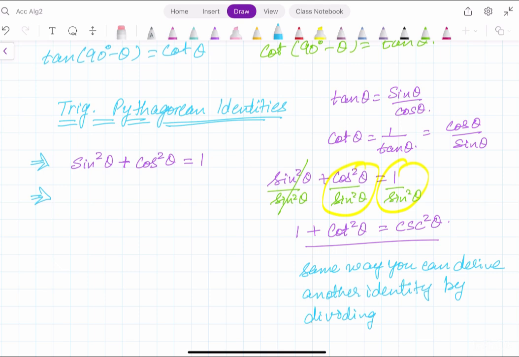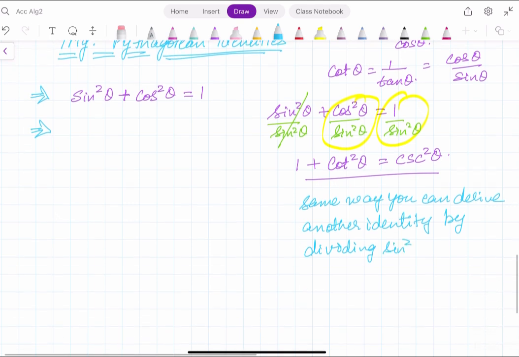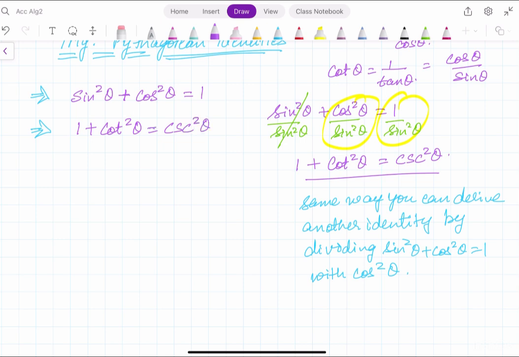And if you divide by cos squared theta, the identity that we will get will be 1 plus tangent squared theta is equal to secant squared theta.